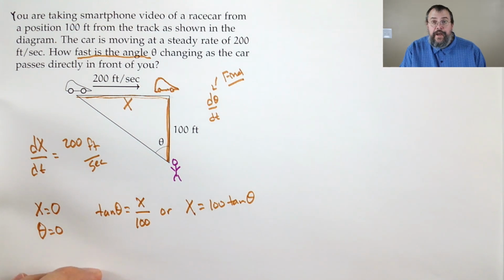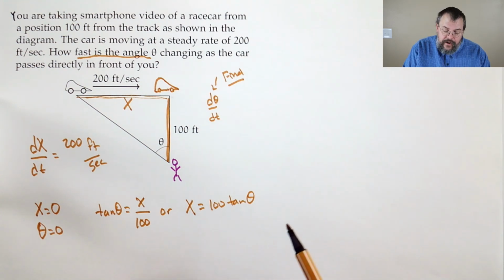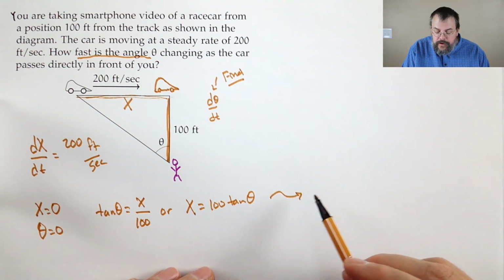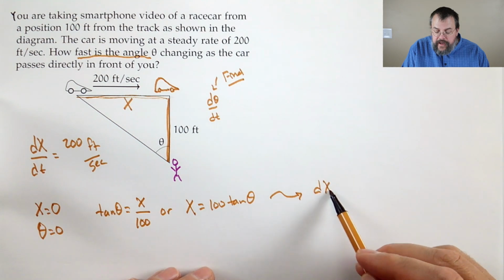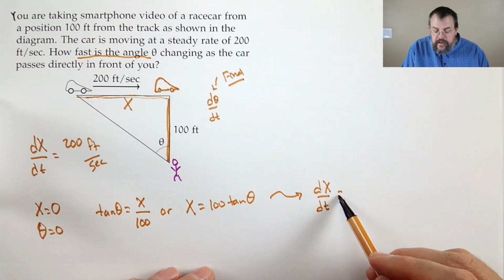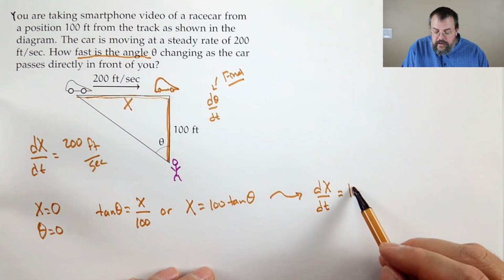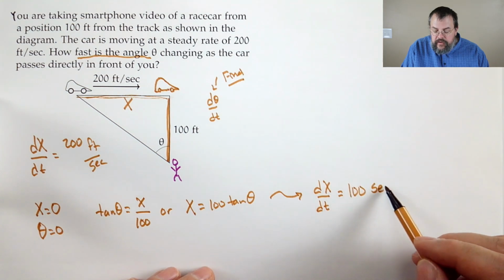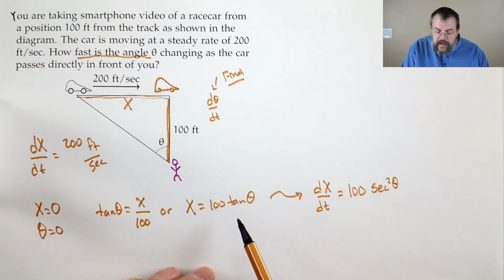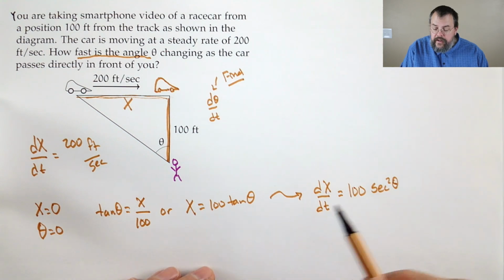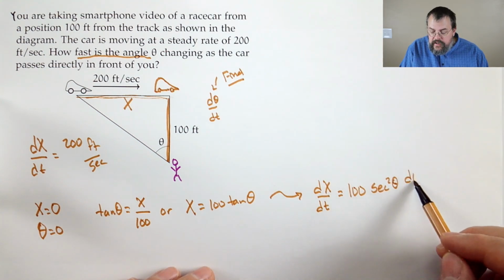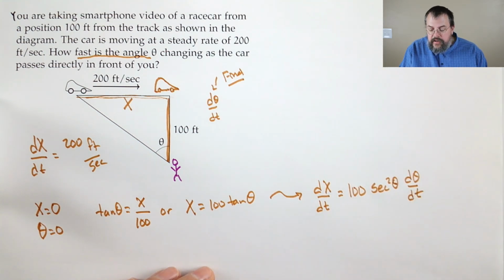Well, now we have what we're after, so let's take our derivatives. So, taking the derivative with respect to t, derivative of x with respect to t is 100, a constant, times the derivative of tangent, which is secant squared times the derivative of the inside. Well, that's dθ/dt.